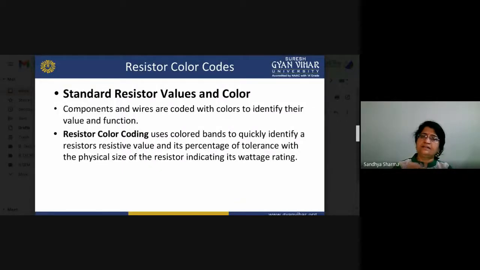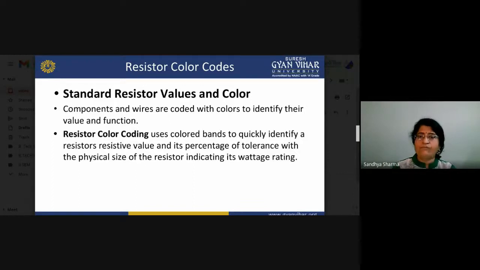Now there is a color code. So what is the role of color codes? If you are given a resistor and you have to know how much resistance it offers, how can you identify it? For that we basically do the coding.